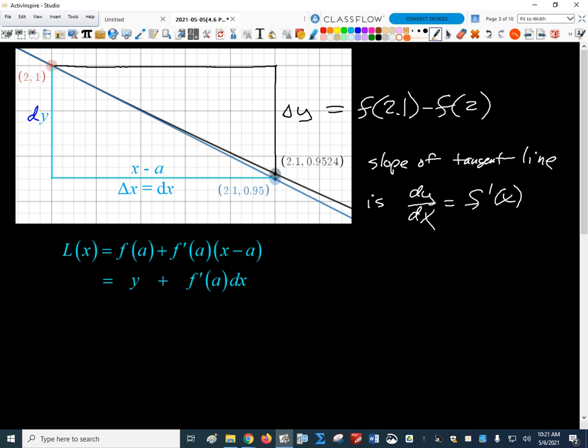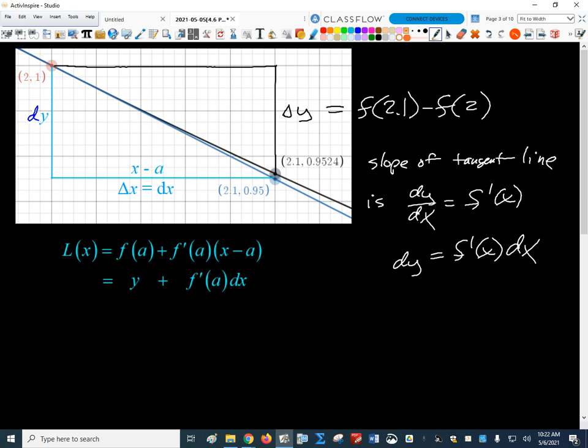So if we just write this in differential notation, dy is the approximate change in the function. That's just equal to f prime of x times dx, right? Okay, so there we have it. It's really just a restatement of the same stuff we just did, but now instead of trying to find what the value of the function is there, we're just trying to figure out how much it changed.